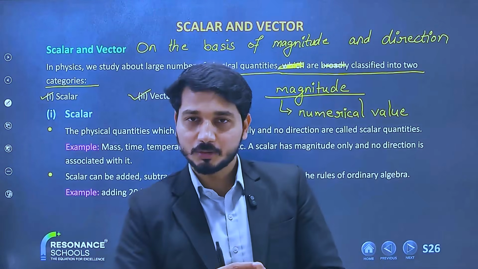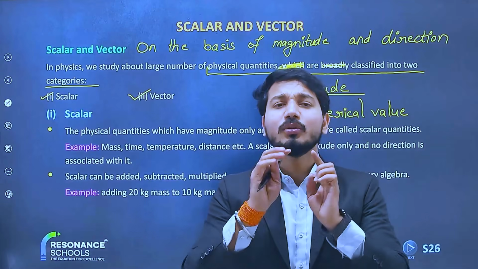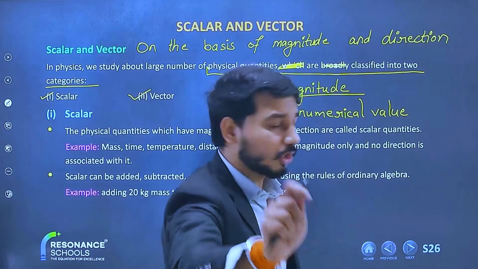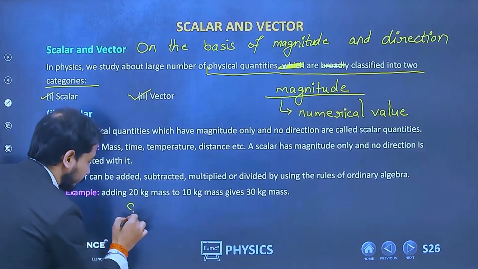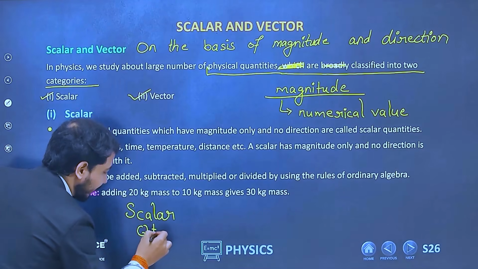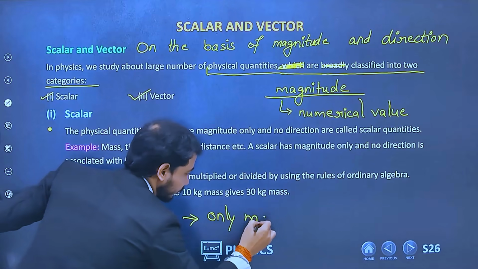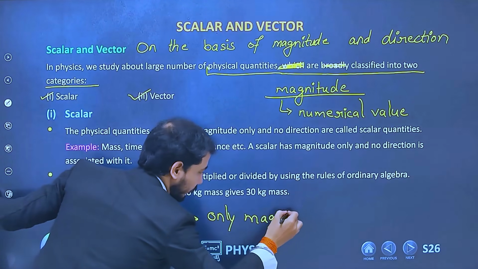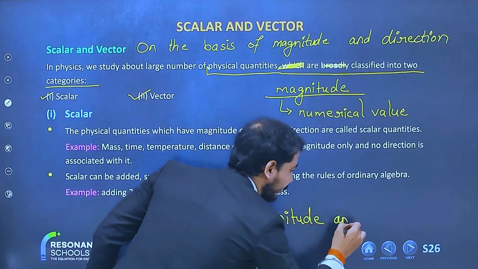First, understand scalar quantity. Short trick: for scalar, write the short trick to understand which quantity will be scalar. Only magnitude and no direction. Remember this line.